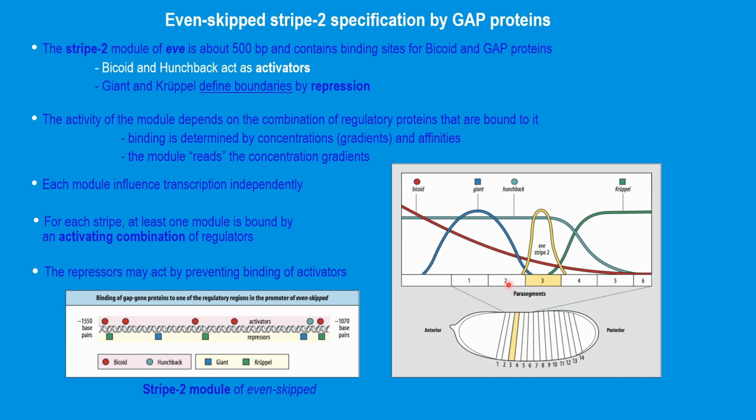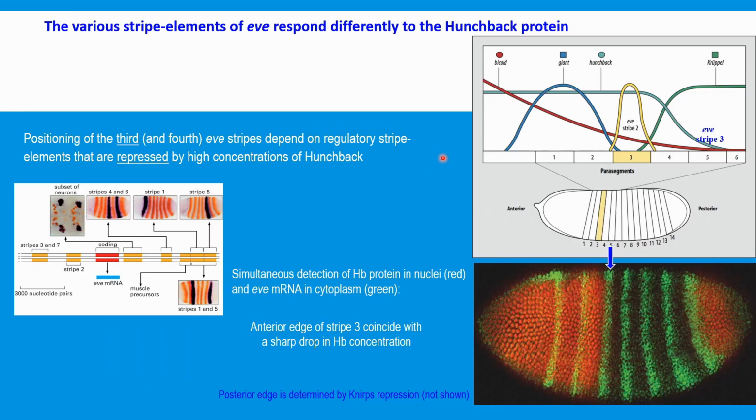Hope that's clear. And to complicate matters further, some enhancers interpret the same factor differently. The enhancer that gives rise to stripe 2 at parasegment 3 interprets hunchback as an activator. The enhancer that gives rise to stripe 3 at parasegment 5 interprets hunchback as a repressor.